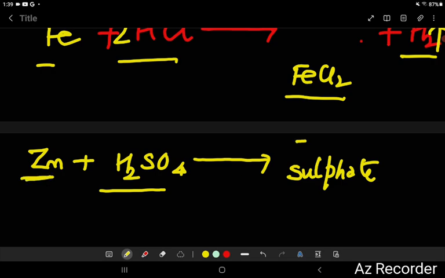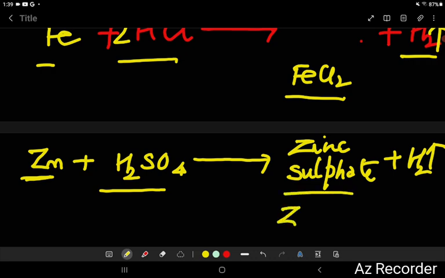That means zinc sulfate plus hydrogen gas. Now you have to write the formula of zinc sulfate, that is ZnSO4. After that, you have to balance the reaction.